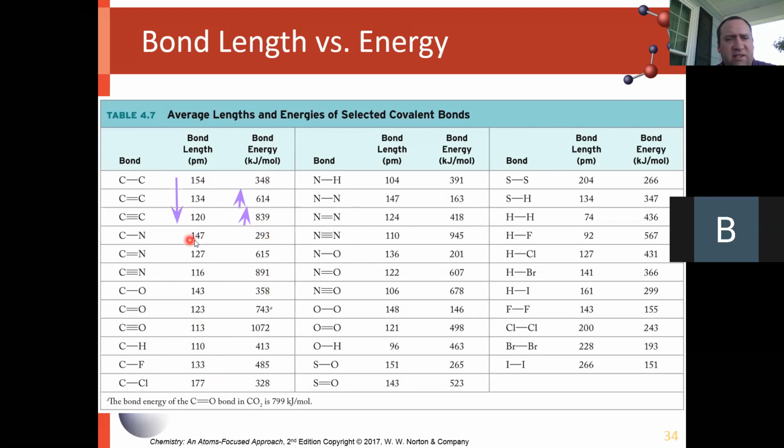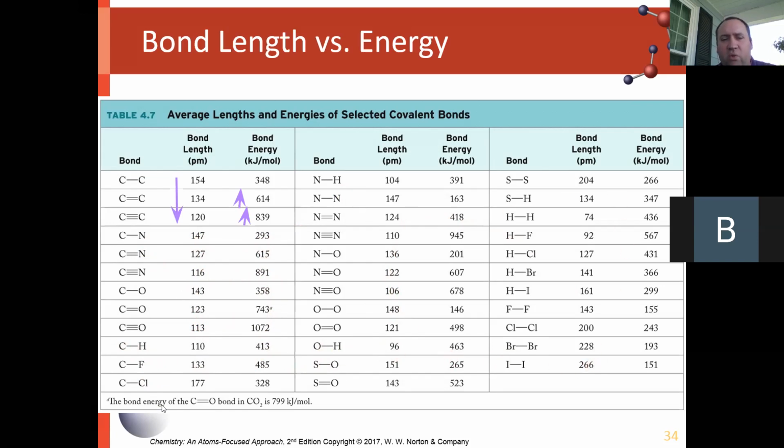This is the case all the way around. My bond length goes down, my bond energy goes up. And like I said, there are some places in here with little exceptions, but that is the general kind of trend that we notice.